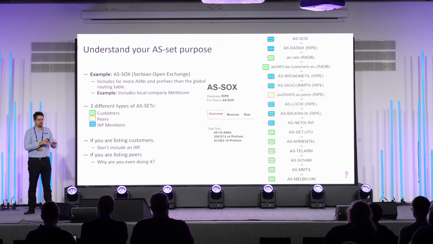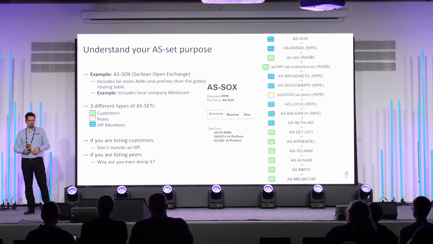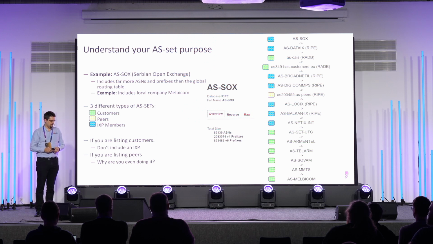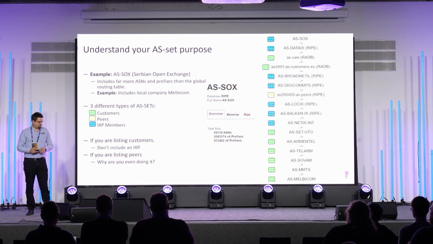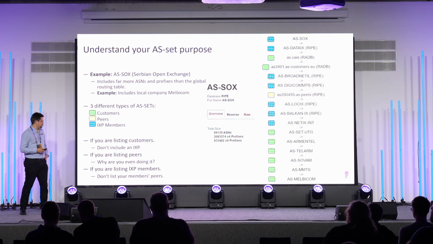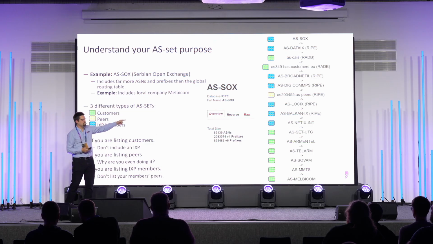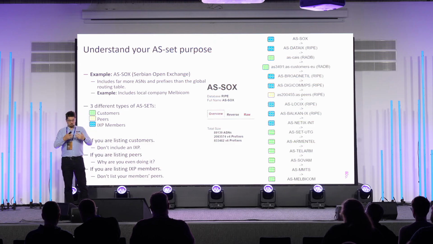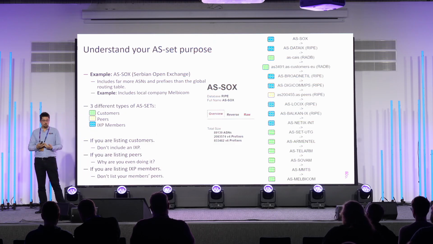Is anyone ever generating filters based on the AS set that you publish for that? And if you're an IXP listing your members, then don't list the peers of your members, and try to be honest about what you include.